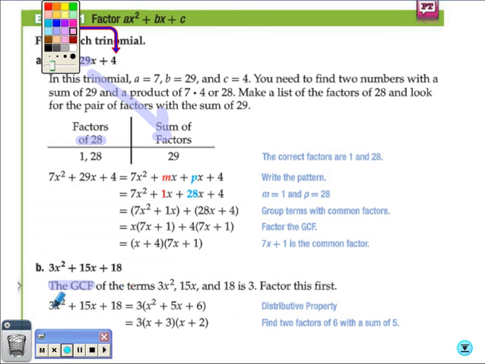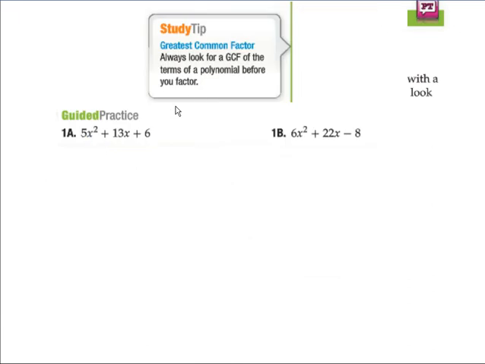Just because the leading coefficient is greater than 1 doesn't mean that you're always going to do this factoring by grouping. Sometimes it means that we can factor out the GCF of 3, and then we have an easier one that we've been working on, where we can just change that to x, factor that, and get x plus 3 times x plus 2.